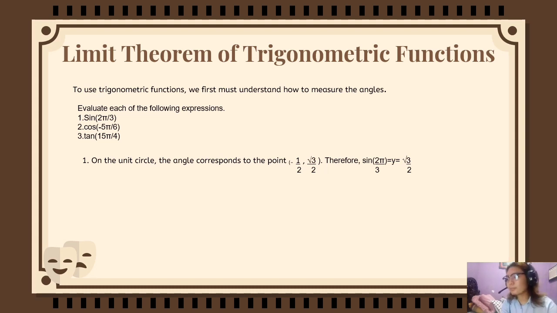On the unit circle, the angle corresponds to the point negative 1 all over 2 and square root of 3 all over 2. Therefore, sin 2 pi all over 3 equals y, which is equal to square root of 3 all over 2.